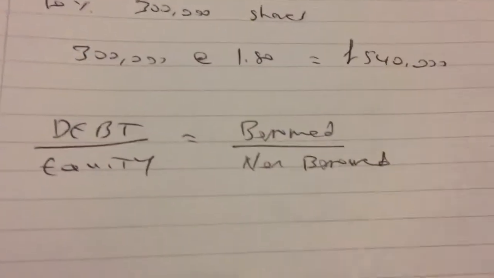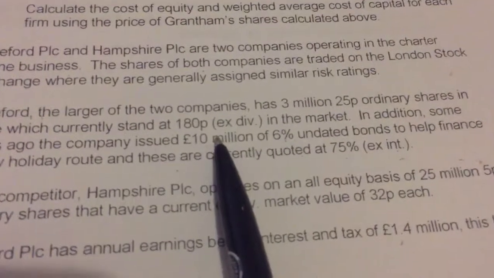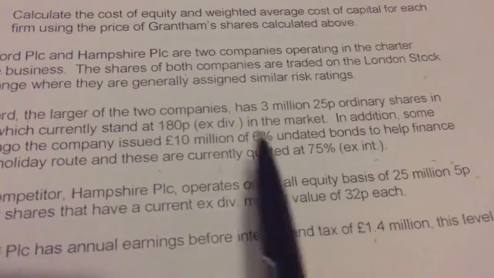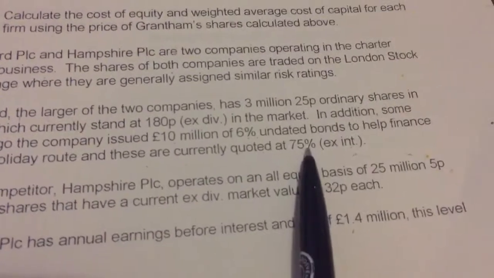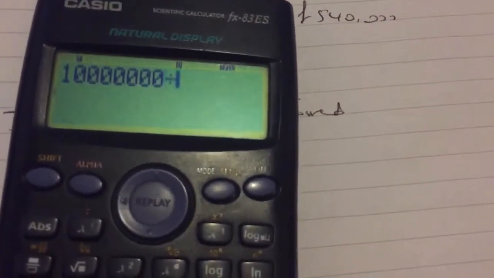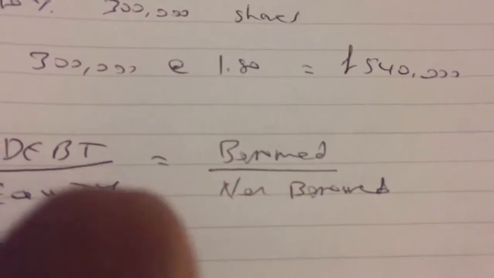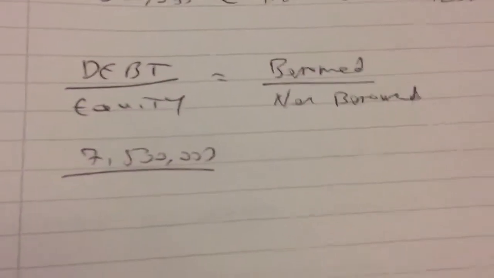If we're looking at Hereford, the company has debt: 10 million of undated bonds. To work out the debt, you do 10 million divided by the nominal value 100, times the market price 75 pence. So their debt is 7,500,000.